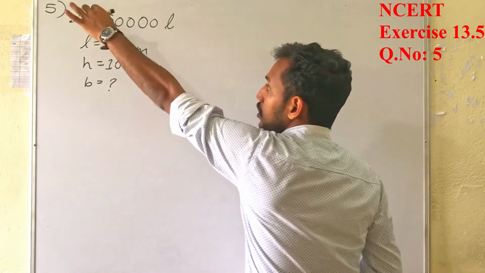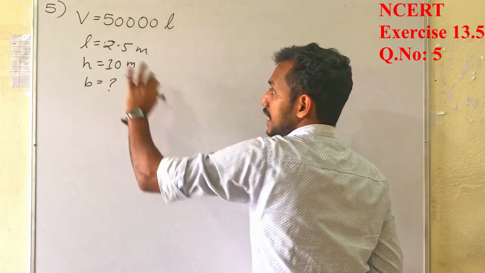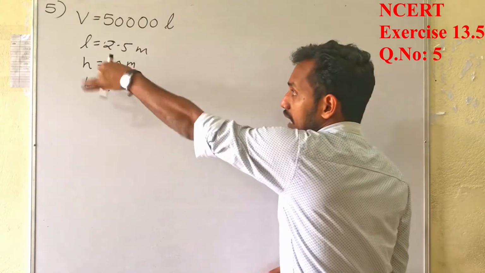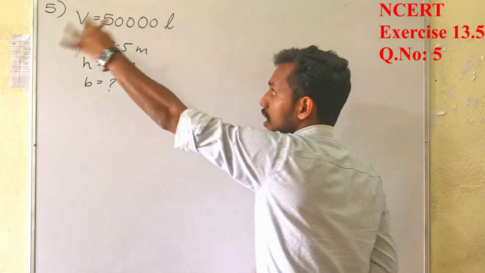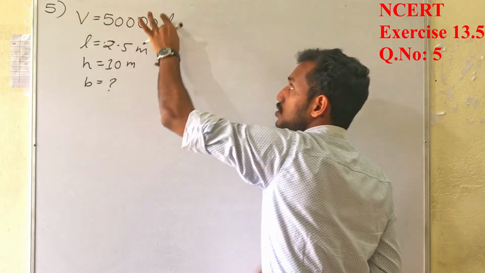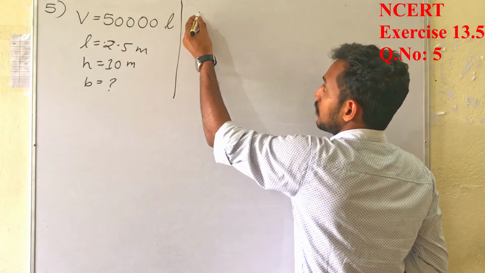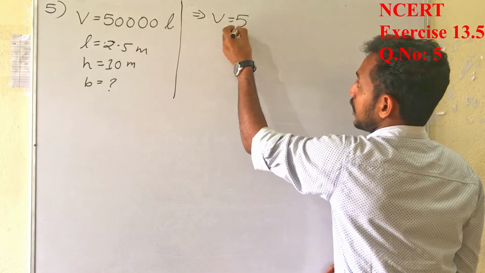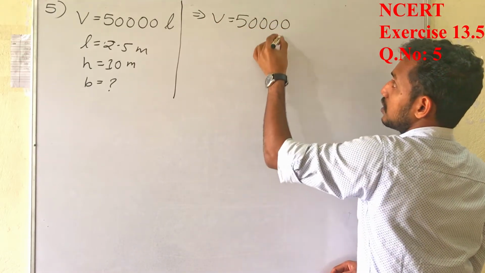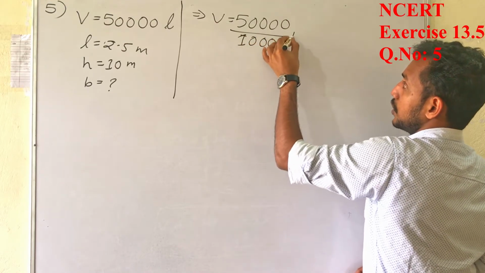But the problem, volume is given in liter while the dimensions are given in meter. So whenever you calculate the volume with this dimension, you will get in meter cube. First we have to convert this given volume from liters to meter cube. So for that, volume is equal to 50,000 divided by 1000 meter cube.